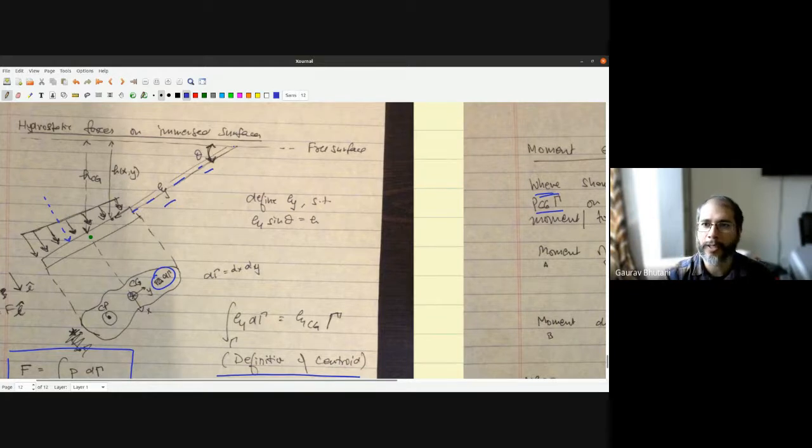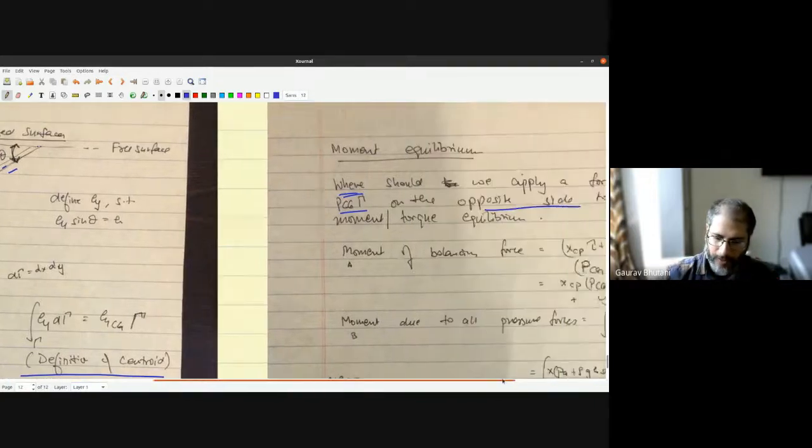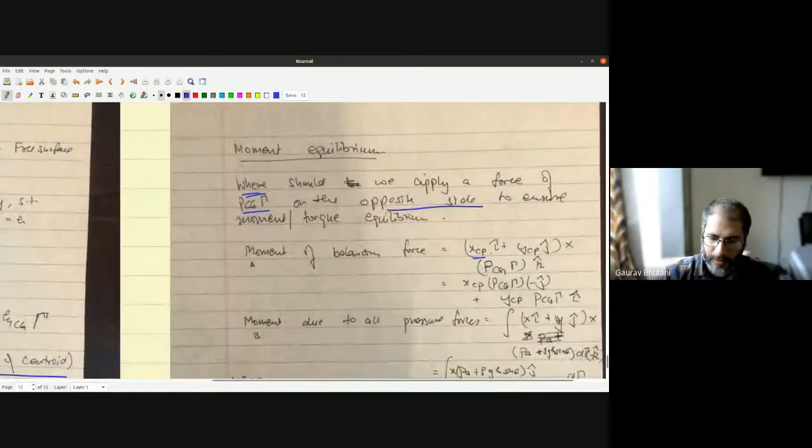So we call it the center of pressure. That's the effective point where the pressure force is acting on the body. Let's say the center of pressure coordinates are xcp and ycp.